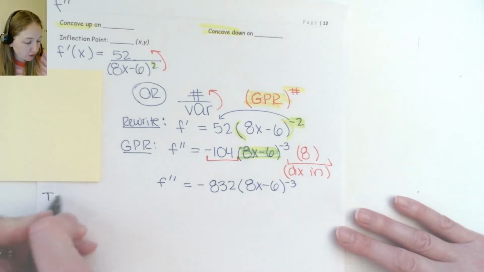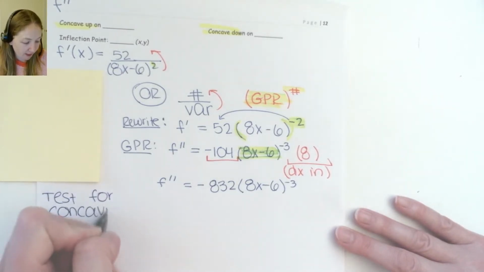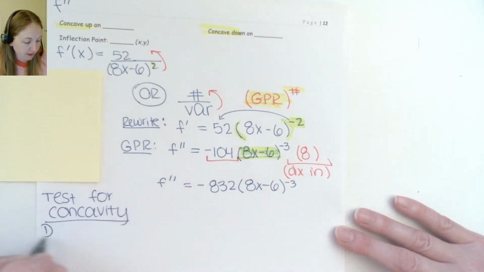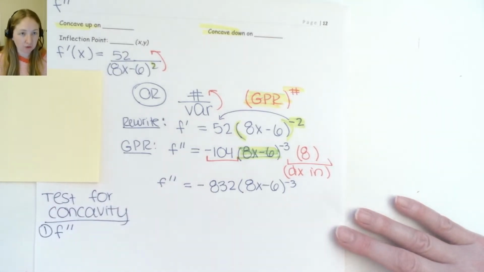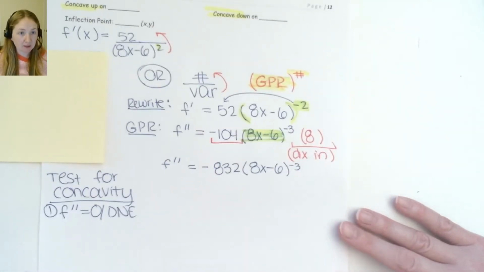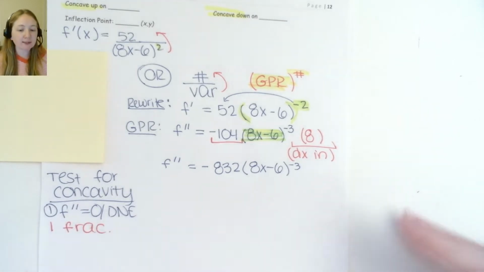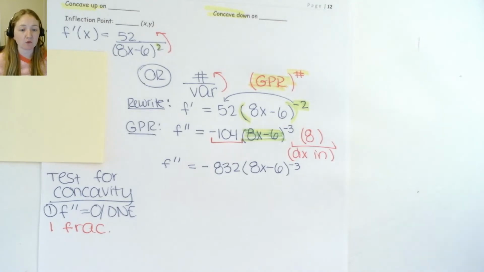Now, if I'm going to go through the test for concavity, what I need to do is first set my second derivative equal to 0 or does not exist. That means that I want one fraction. Just like with the first derivative test, for the concavity test, I need to have a single fraction.